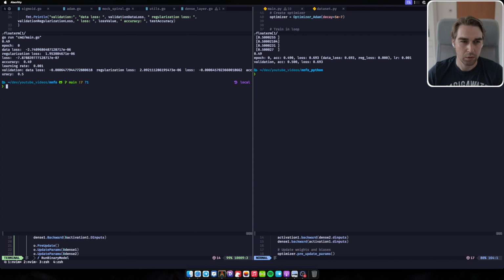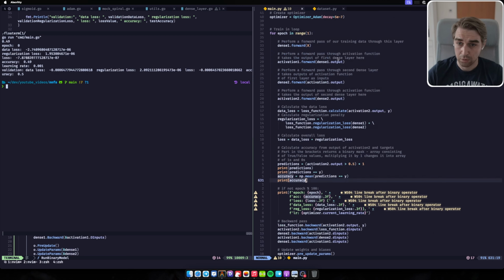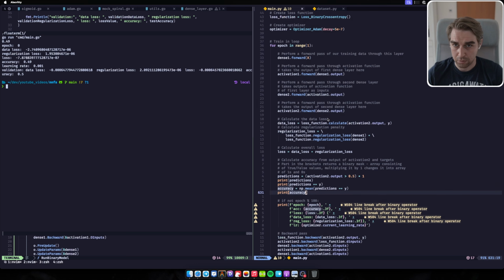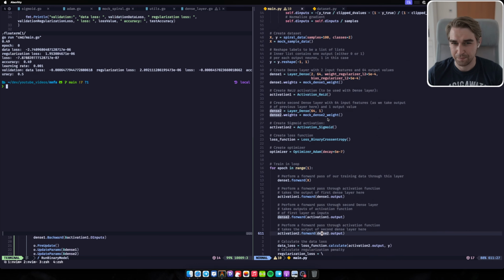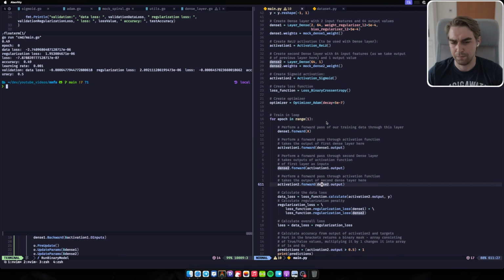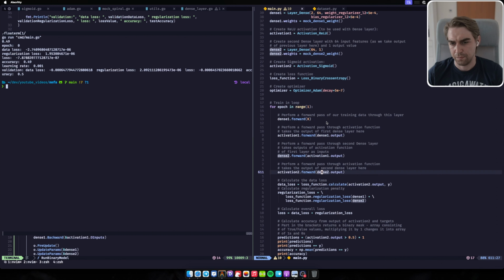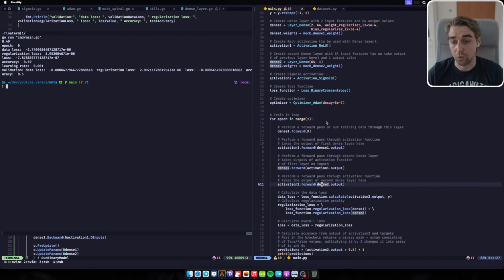Wait. So there are actually two questions. Why is the regularization loss 0, right? I understand why the regularization loss is 0 for the second one, but why not for the first one?